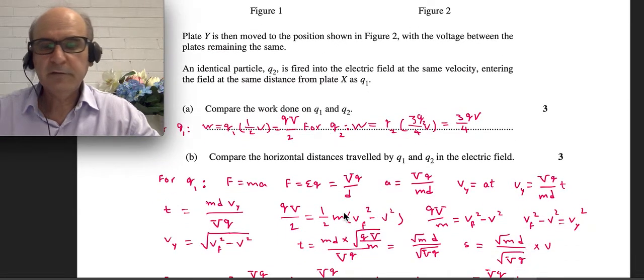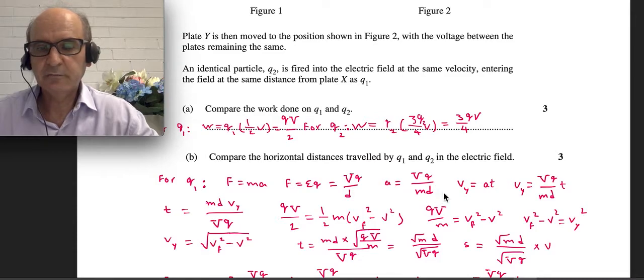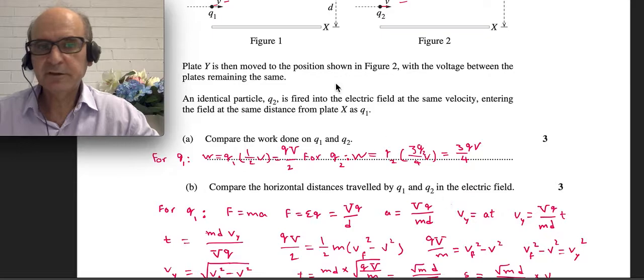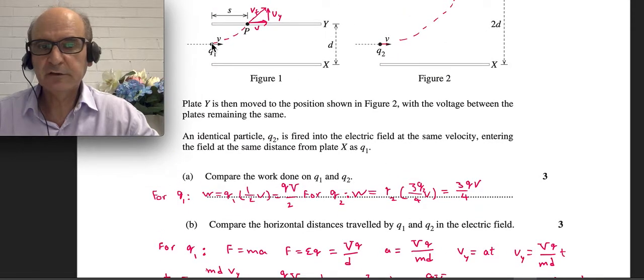All right, now we have the acceleration. How much acceleration? It is gaining upwards. And vy is equal to at, because the initial velocity in the vertical direction is 0 here. So vy will be 0 plus at, or just at.